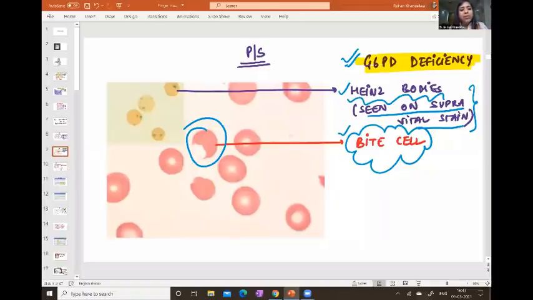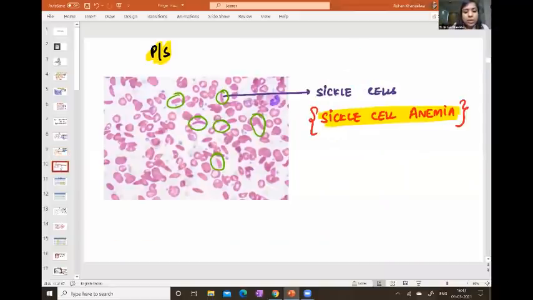Okay, in this peripheral smear, what can we see? The green mark thing which I see here, can you see that these cells have a sickle-like shape? So the moment a pathologist sees a shape like this, which is very characteristic, I start suspecting in my mind that this patient can have sickle cell anemia.